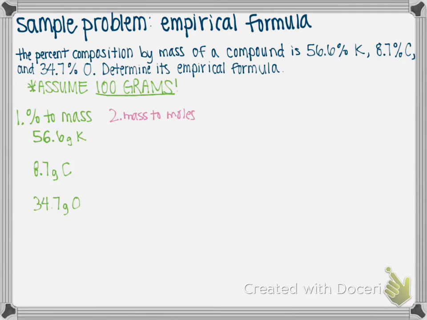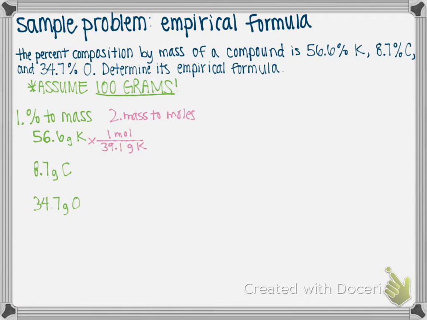And so you've got to set up your conversion factor. Grams potassium, match your units diagonal, per 1 mole on top. Now your grams of potassium is going to come from the periodic table. If you look up the mass, it would be 39.1.